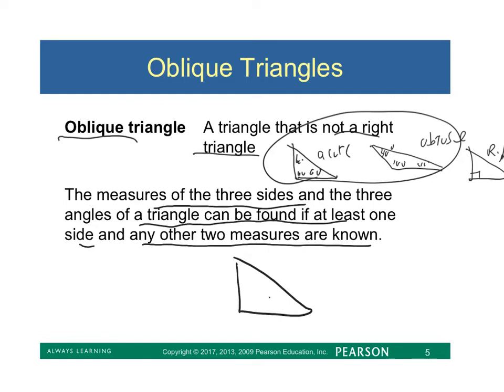If that was 30 and we had two other measures like 3 and a 4, you might be able to find that missing side.